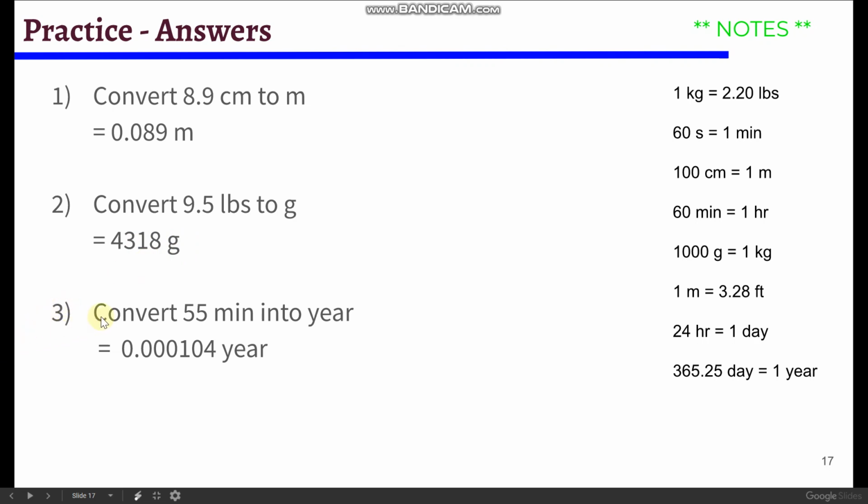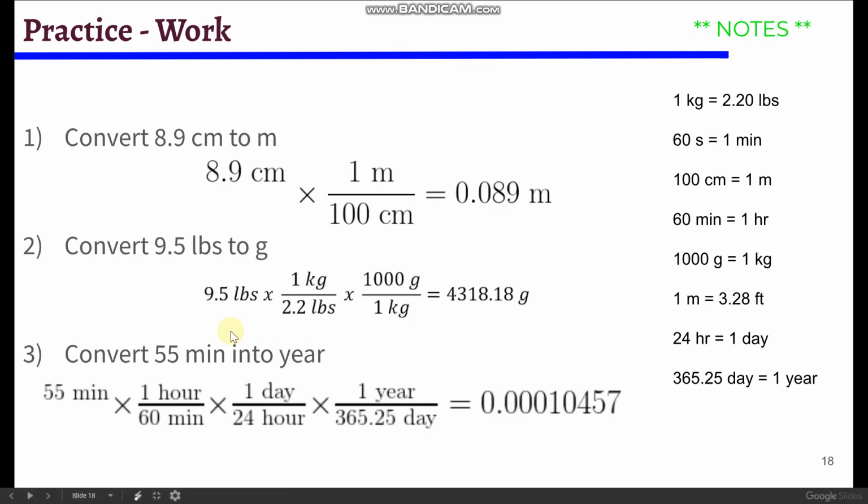And for number three, we were trying to convert 55 minutes into years, and so that ends up equaling 0.000104 years. Okay, and so then just to show the work for these ones real quick.